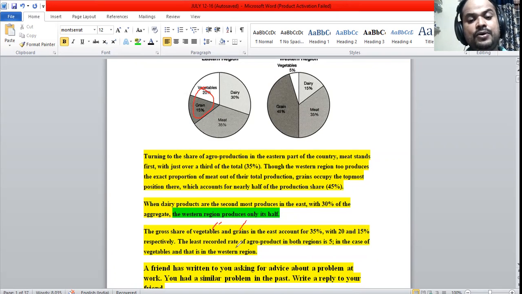The least recorded rate of agro products in both regions is 5%. Yes, in case of vegetables, and that is in the Western region. Yes, this is the least recorded thing. So it's clear here, it is 5%.